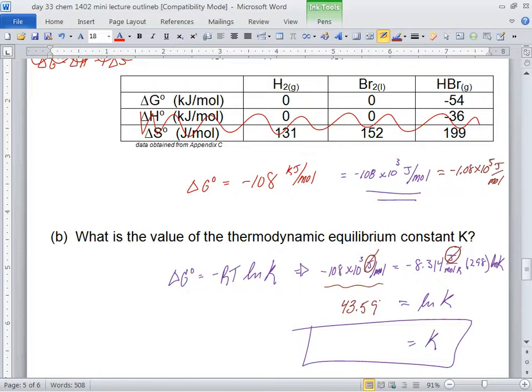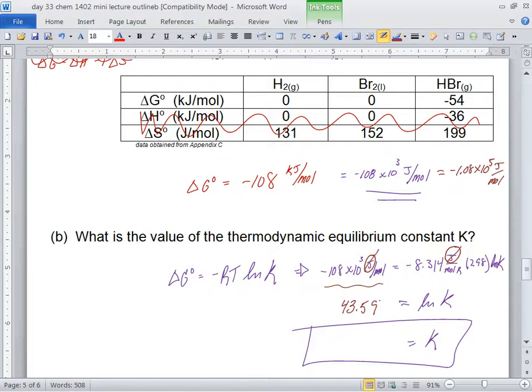So now you have to raise both sides to the, you push the what button? Well, let me get it back. 43.59. Okay. To get rid of that ln, I have to raise both sides to the little e. So you got to look on here until you find e to the x. And it's yellow, so that means you have to push shift first, right?